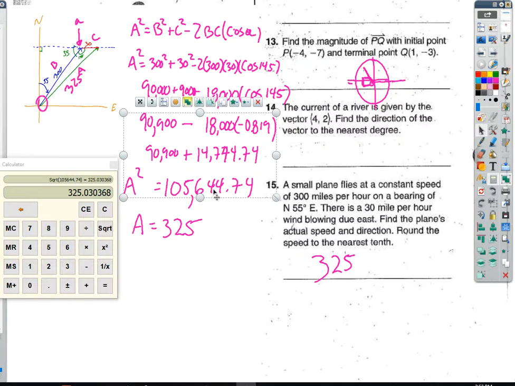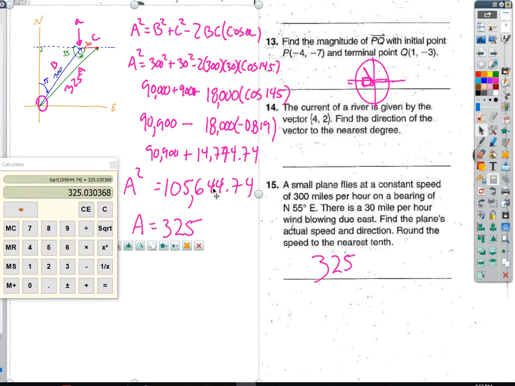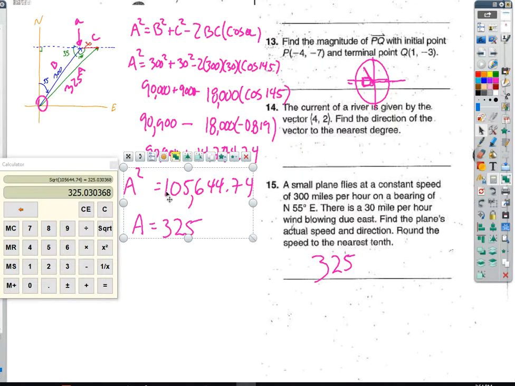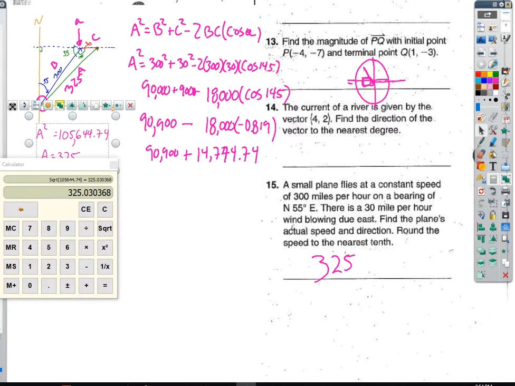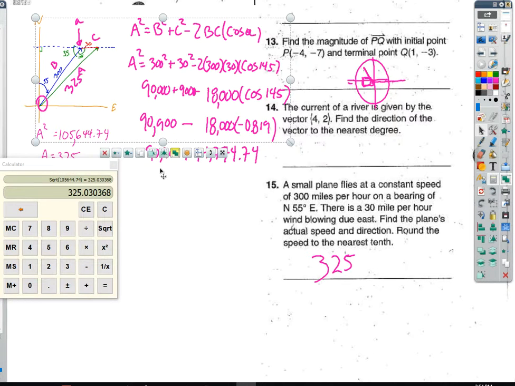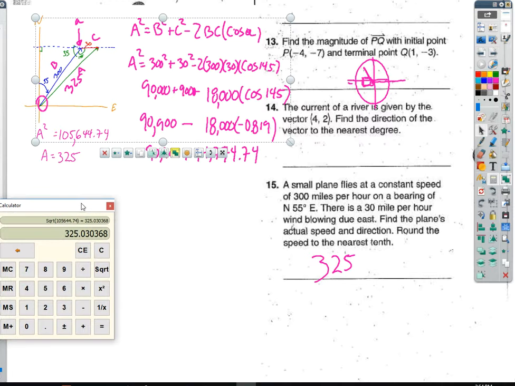Isn't it a wonderful thing when both the law of sines and the law of cosines all come together? I do think it is quite a beautiful thing. So I'll scoot this over here, and I'll just work below it in a different color.